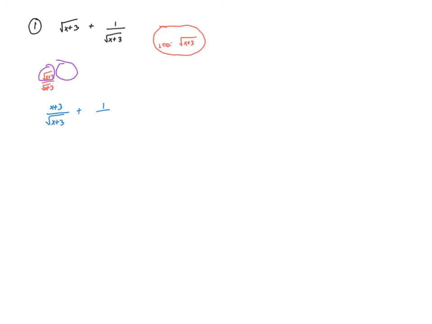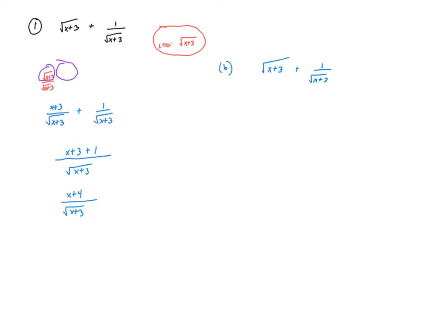We're adding that to 1 divided by root x plus 3. Now that we have a common denominator, we can bring the fraction together, and after we combine like terms in the numerator, we get our final answer, x plus 4 divided by the square root of x plus 3. We can leave our answer like that.